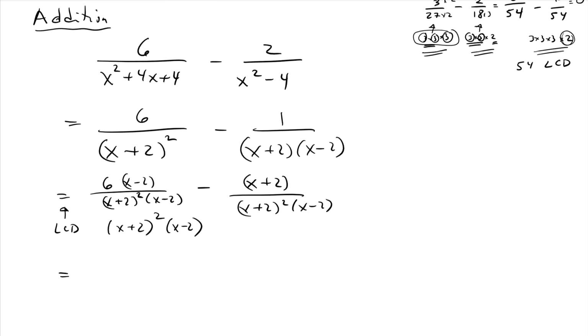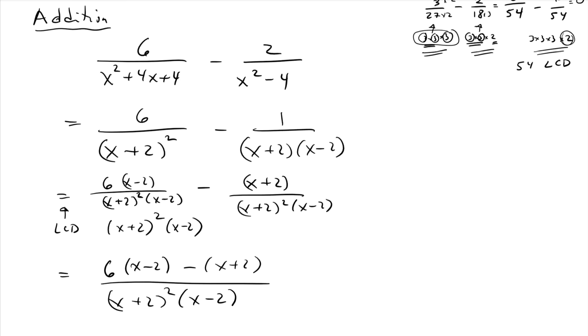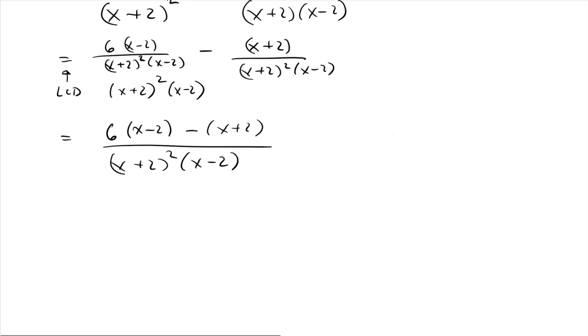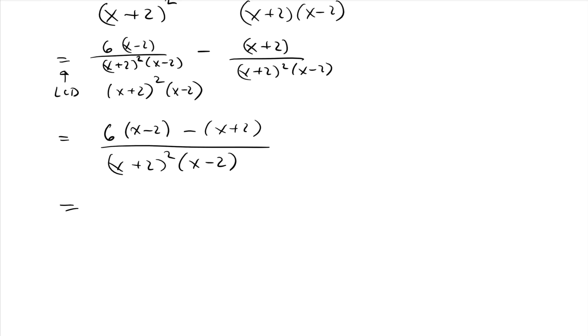Same denominators, so now I can add the numerators. So it's going to be 6x minus 2 minus x plus 2 over x plus 2 squared x minus 2. And now I can expand the numerator and group like terms.